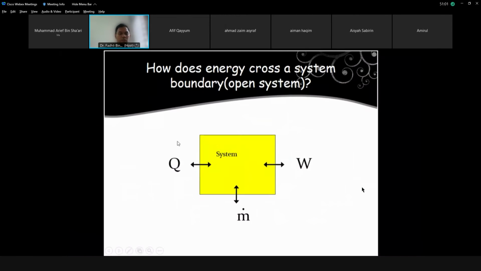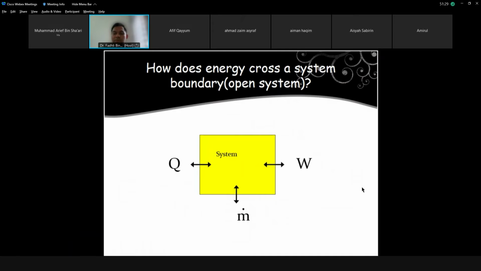Q, heat is one of the energy. W, also one of the energy. And then they have mass that can be transferred in and out. Since mass can be transferred in and out, we need to analyze another energy that brings the mass entering and leaving the system.